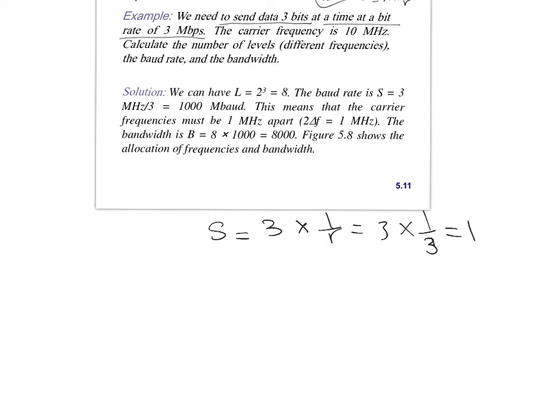What is the unit here? No, signal rate has the unit of baud. So this is 1 megabaud. Pay attention to the units. In the exam I can give you multiple steps, so if you write the units incorrectly, then you lose points for no reason. Okay.